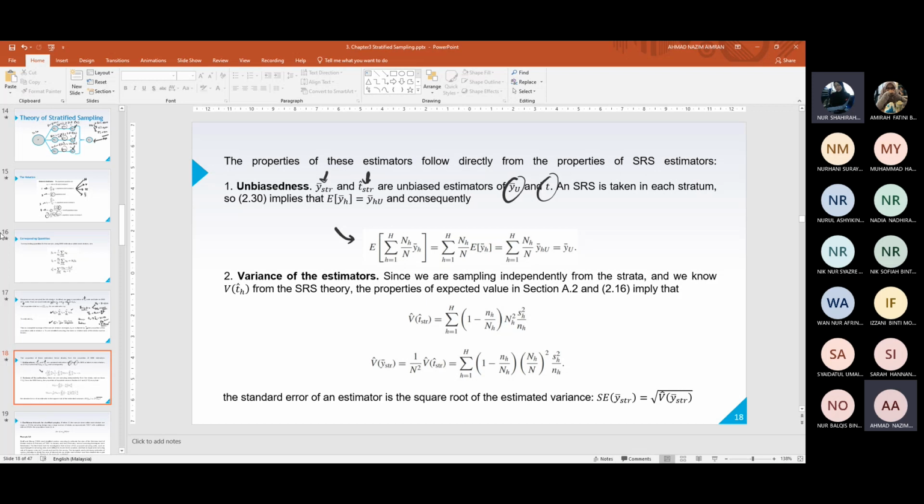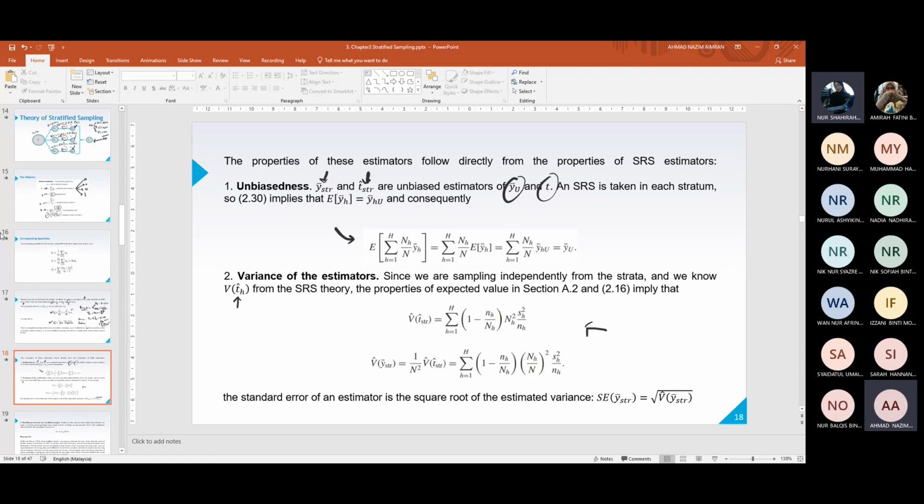And the second one is the variance of the estimators. Since we are sampling independently from the strata, we know the variance of the estimated total population for each stratum. Same as in the simple random sampling theory, the properties of expected value in section A.2 in the previous chapter imply this one.